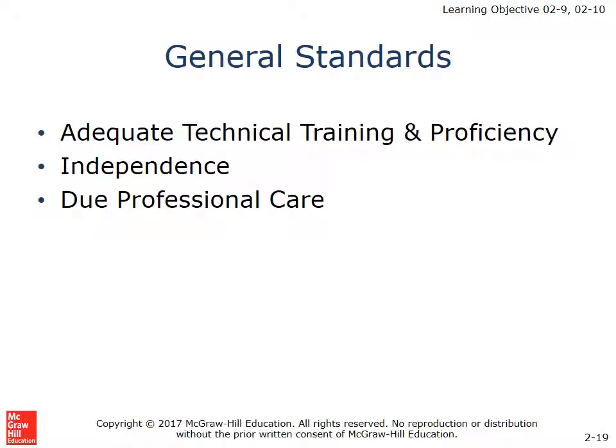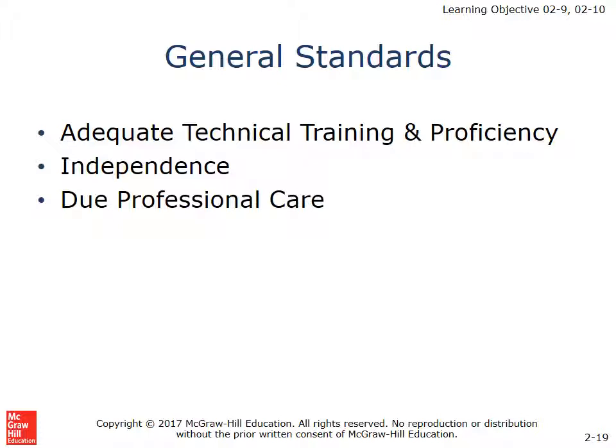Your general standards: the audit should be performed by person or persons having adequate training and understanding as an auditor. So you have to make sure anybody on your audit team has that kind of technical training and proficiency. What's very important, we'll talk about this later, is that in all matters to the assignment, so anyone involved in the assignment, they're independent from the company they are auditing.